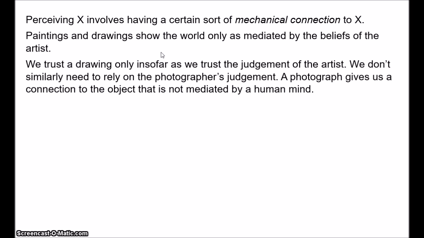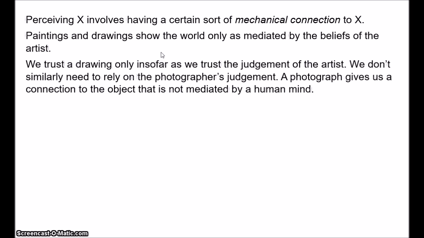Of course, we might need to rely on the assumption that the photographer isn't trying to deceive us, because photos can be doctored, but assuming that the artist is trying to depict things accurately, we have to trust the painter's judgment, whereas we don't have to consider the photographer's judgment. A photograph of an object gives us a purely mechanical connection to that object.